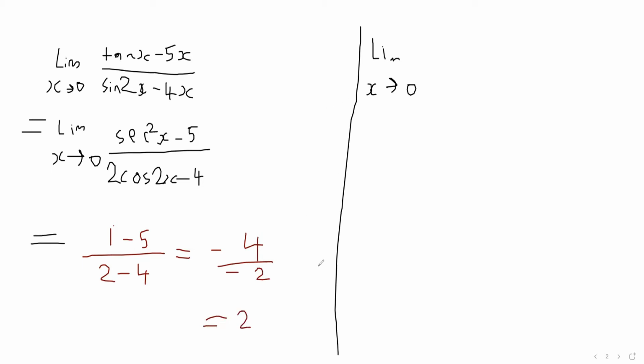For the alternate method, instead of L'Hopital's rule, you can do it by applying sine x over x equals 1. By applying that, we're going to break this up as tan x minus 5x over sine 2x minus 4x.